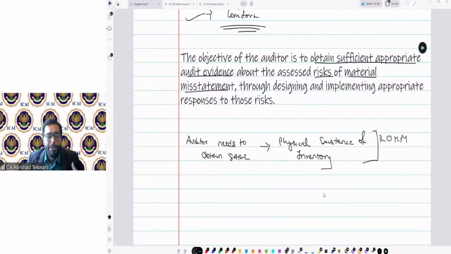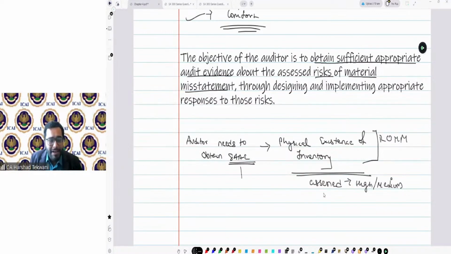Now, the objective of the auditor is to obtain sufficient and appropriate audit evidence about the assessed risk of material misstatement. This is the assessed one, meaning I have already assessed it as high or medium risk, whatever I have assessed. How can I obtain sufficient and appropriate audit evidence?